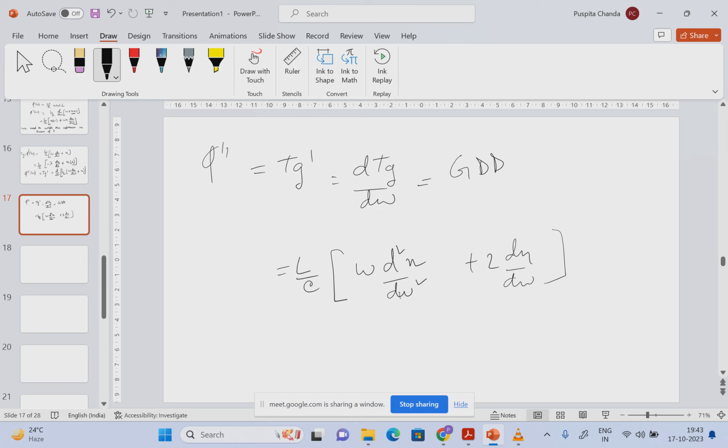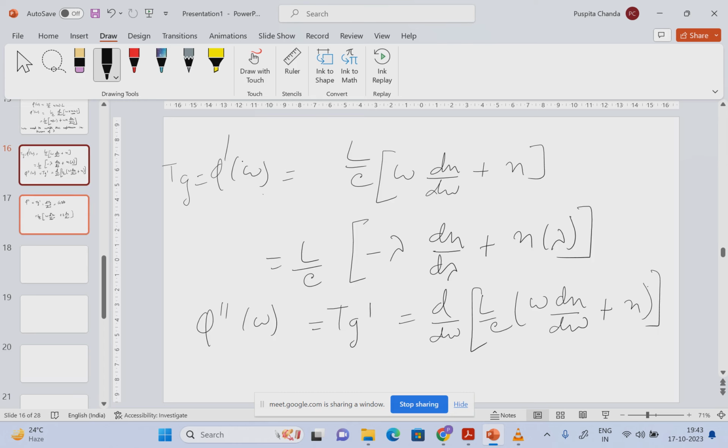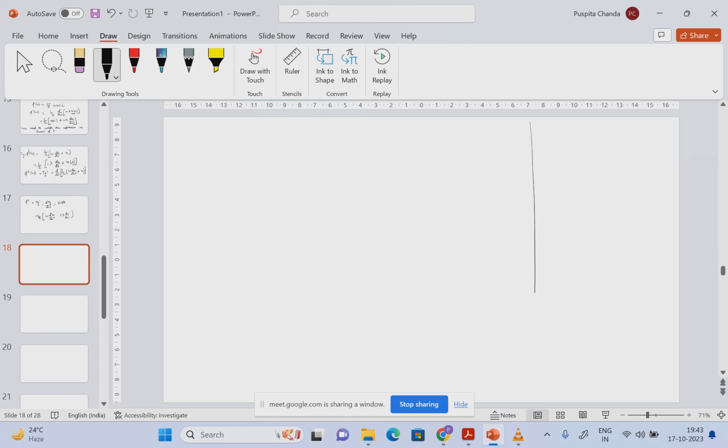So when we change from omega to lambda, c is equal to nu into lambda, and omega is equal to 2 pi c by lambda.